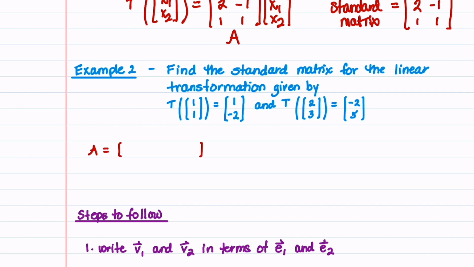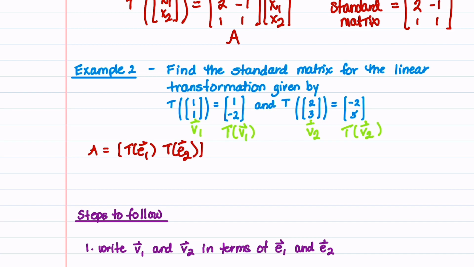Let's remind ourselves that A is T of e1 and T of e2. What's going to help us in this problem is if we label the vectors that were given. Our first vector 1, 1, I'm going to label as v1. Then our vector 1, 2 is going to be T of v1. Our vector 2, 3 is v2, and our next vector is going to be T of v2. That's going to come in handy when we do some calculations.